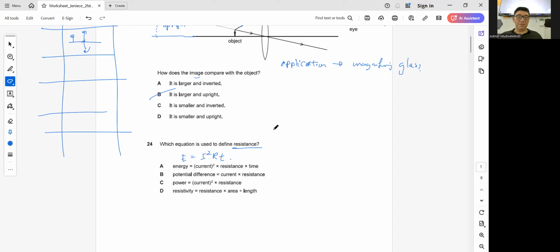I think first we need to actually define resistance. So resistance is defined as the ratio of potential difference across a component to the current flowing through it.